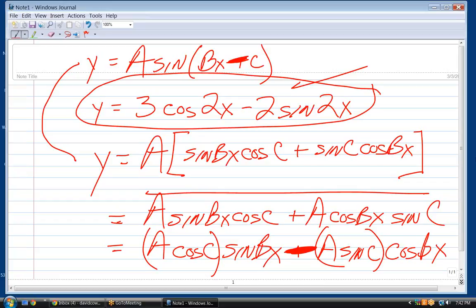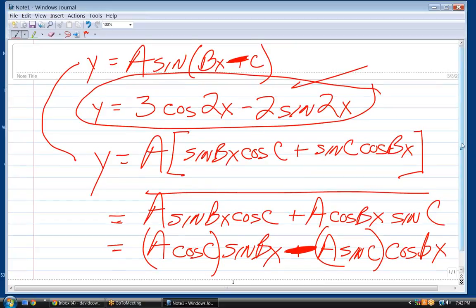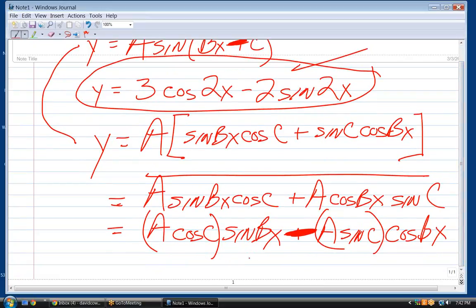Yeah, okay. I think I'm on the way here towards solving it. In other words, if I start with A sine of bx minus c and use the difference formula, I get down to here.